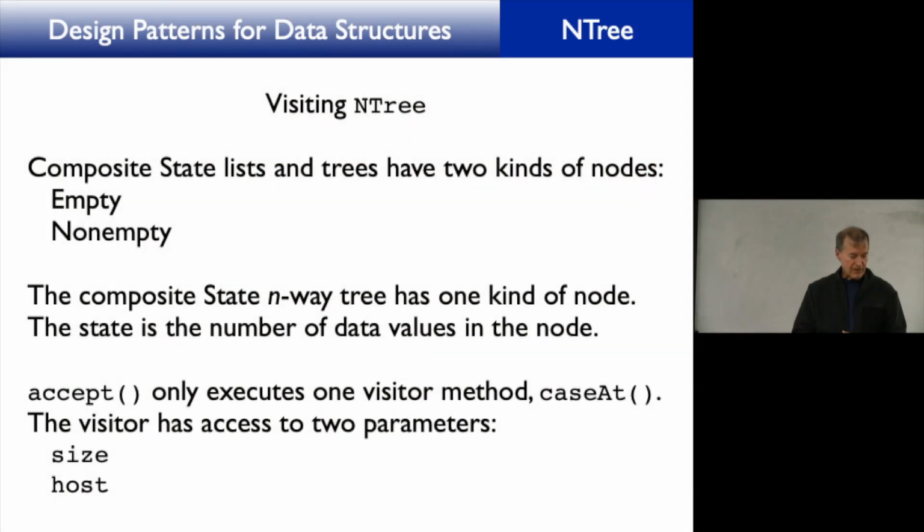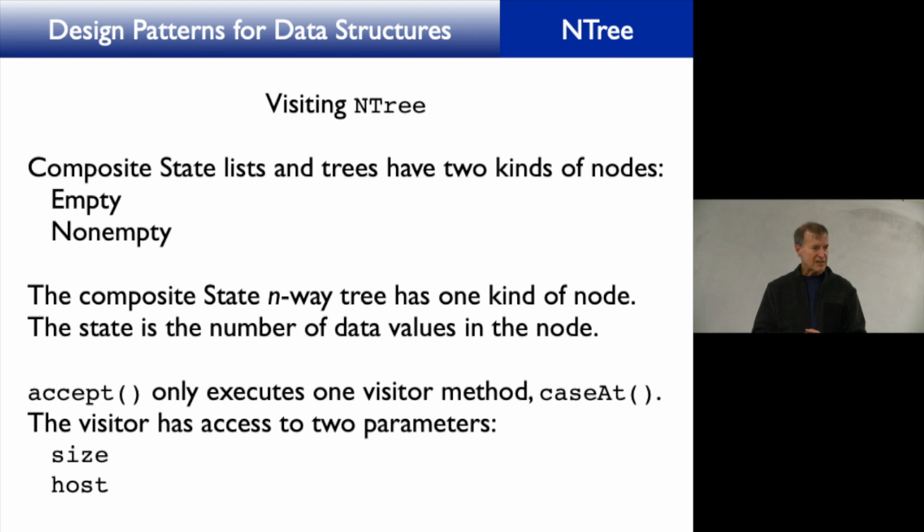So after you've done this, the only code that you're going to need to do is just visiting, just implementing visitors. So here's our first way to visit. We're visiting a general n-way tree here. When we did the binary tree CSV, what were the two cases that we had for the visitor? Do you remember?